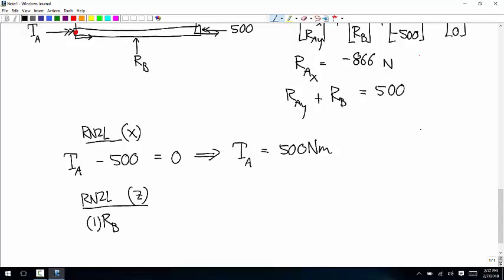And now we have to think about the direction. We're just going to take the length horizontally, multiply it by the force, but then we have to think about the direction of the rotation that would cause. So does this force RB make it rotate clockwise or counterclockwise around the about point? Counter, so that's positive.